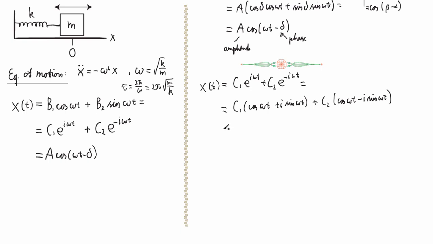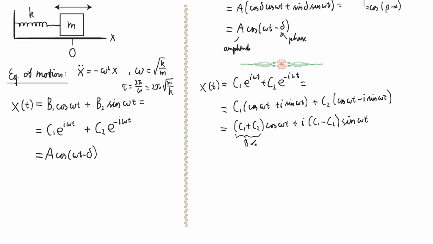Right. Now we'll group these together by real and imaginary numbers. And if you just look at the solutions over here, we can see that this is just equal to this here.